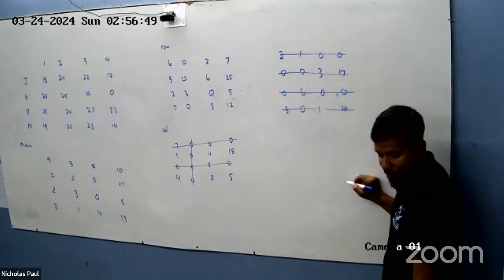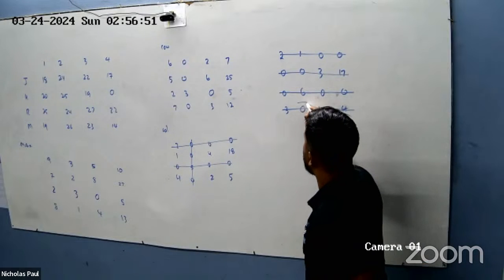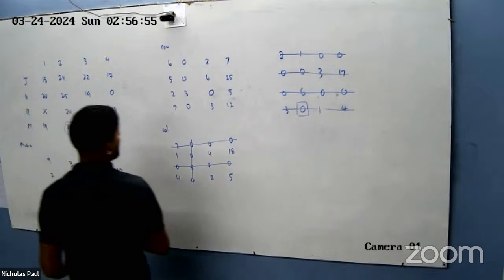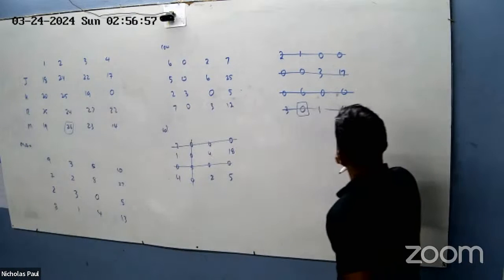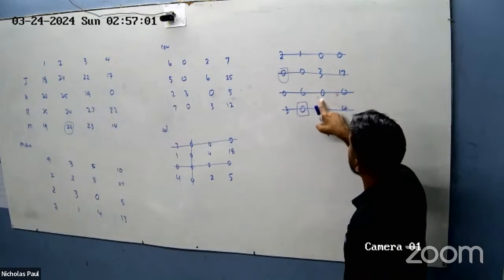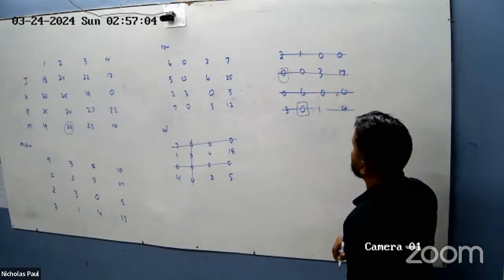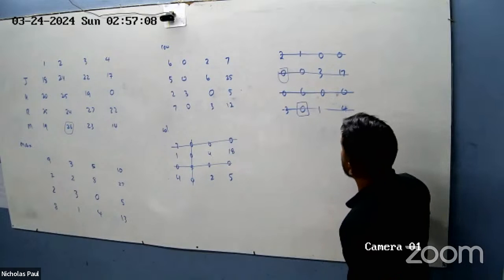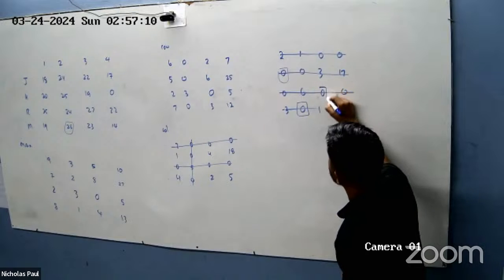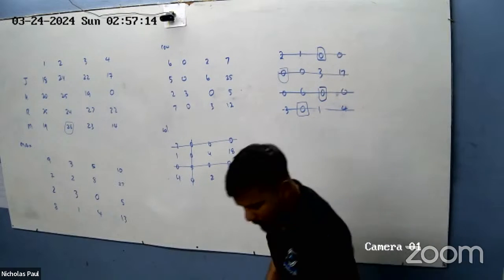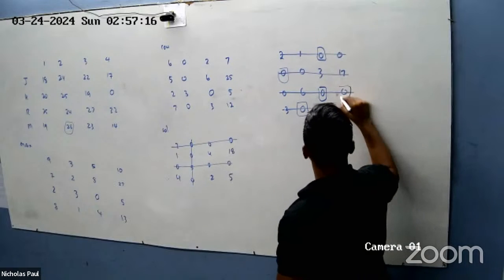Let's see what will happen now. 1, 0 here. We can't use here, so we come here. Can't use here and here. We have options. Right? Let's check and see. We have options now. So we could use here, or we could use here.